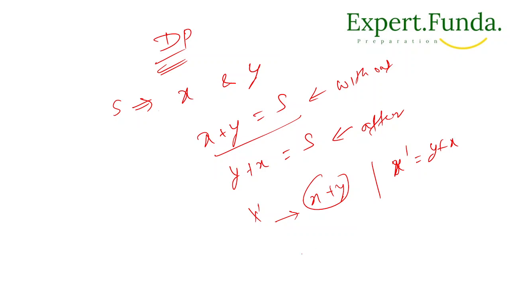Means what you have to do, x1 plus y1, or you can say y1 plus x1, right? If we do this one, x1 dot y1 and y1 dot x1, it should actually become like this one.